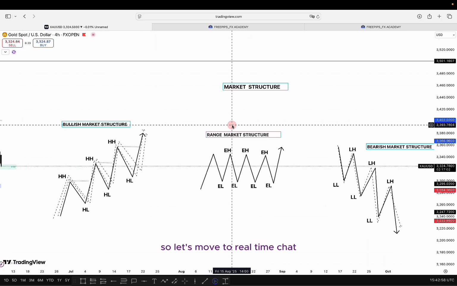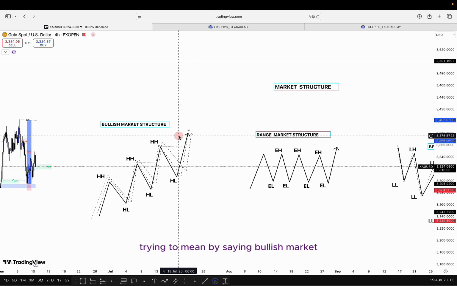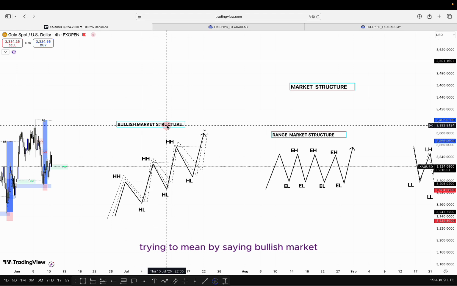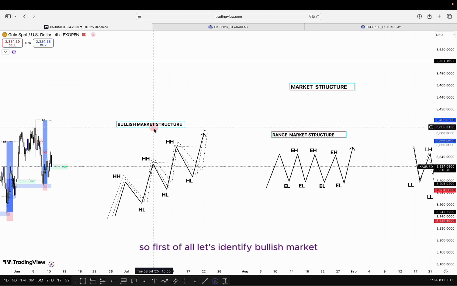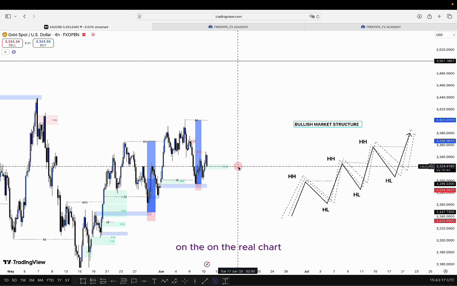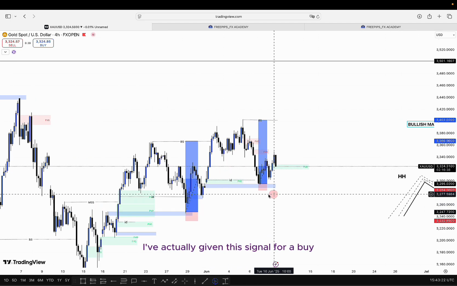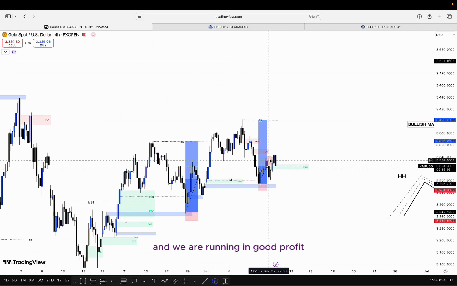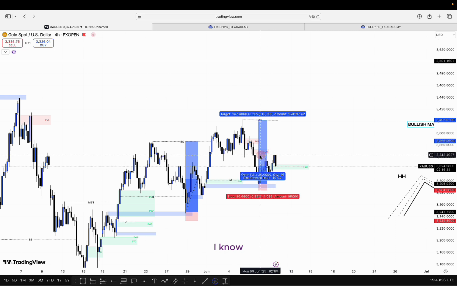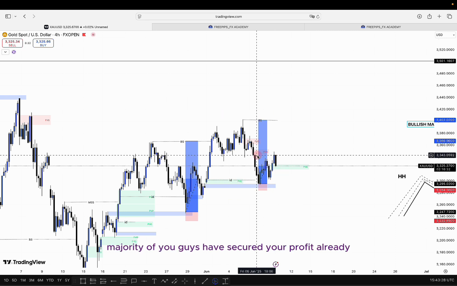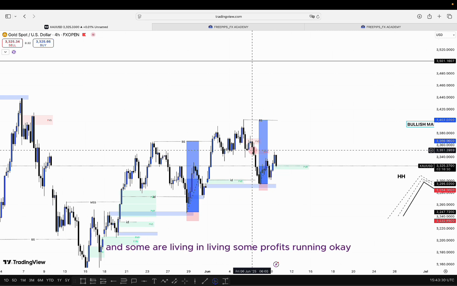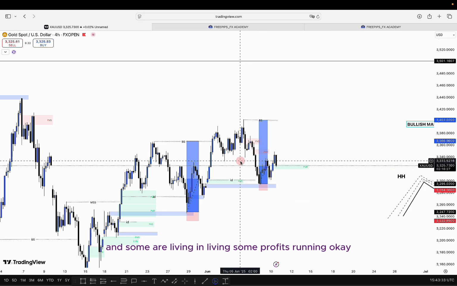So let's move to a real-time chart so that you can actually understand what I am trying to mean by saying bullish market. First of all, let's identify a bullish market on the real chart. Currently, this is gold. I've actually given this signal for a buy and we are running in good profit. I know majority of you guys have secured your profit already and some are leaving some profits running.